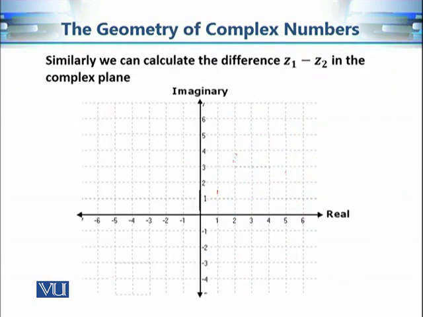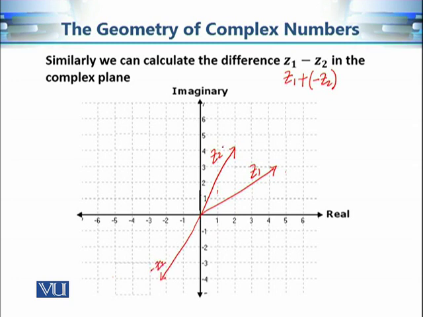Similarly, we can subtract two complex numbers. Instead of saying we are subtracting two complex numbers, we can say that we are adding z1 and minus z2. If I have this vector z2 and this vector z1, then minus z2 is going to be this vector on the opposite side.